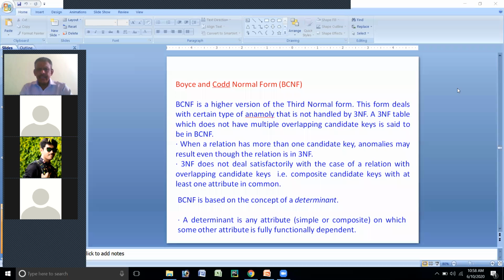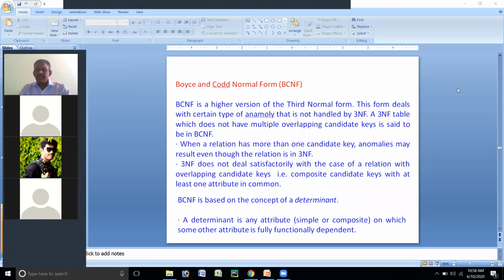The things which are not handled in 3NF are handled in BCNF. A 3NF table which does not have multiple overlapping candidate keys is said to be in BCNF.